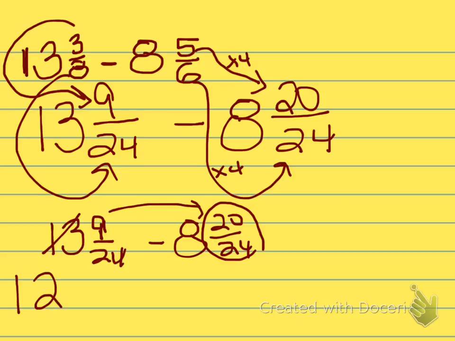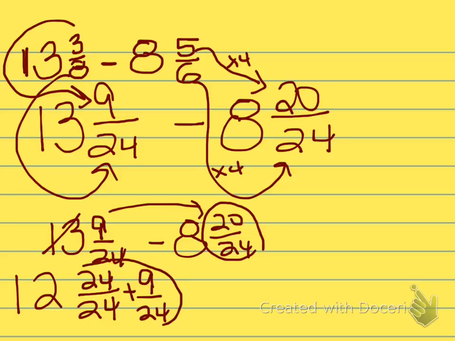But how are we going to write the one that we borrowed? We're going to write it as 24 over 24, because we can write that one any way that we choose to, as any number over itself. And we're going to add that 1 to the fraction part that we already had.